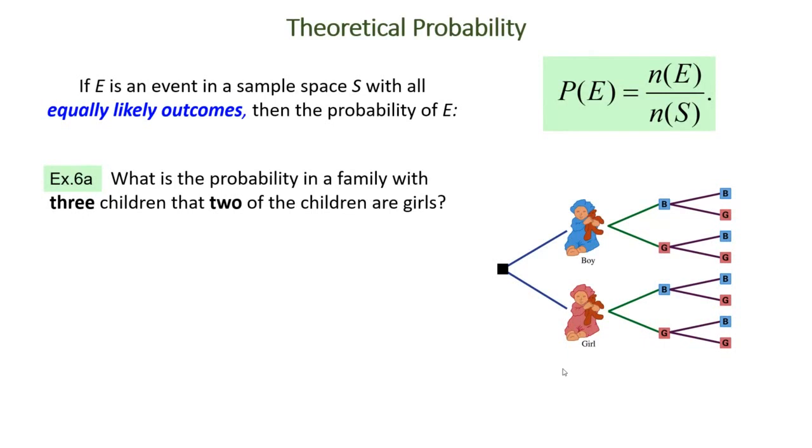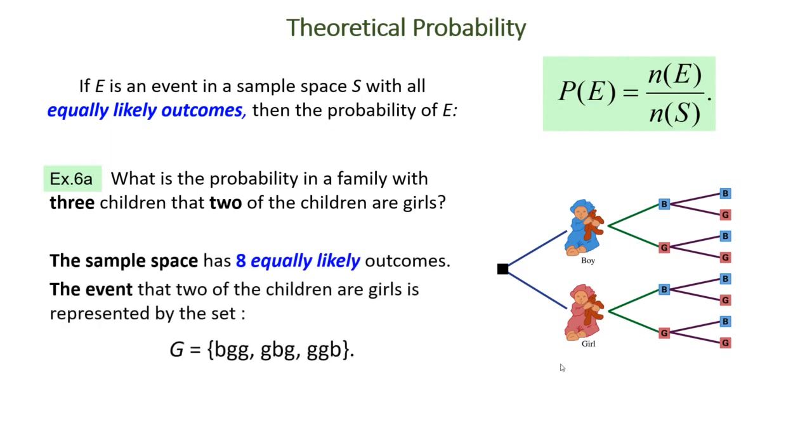What is the probability in a family with 3 children that 2 of the children are girls? The sample space contains 8 equally likely outcomes. The event 2 of the children are girls contains 3 outcomes.